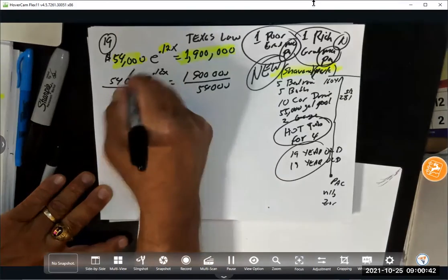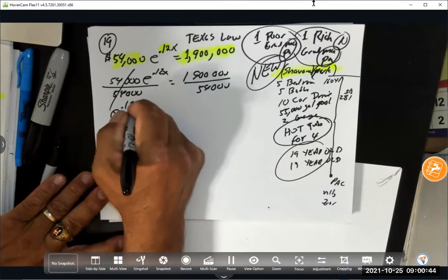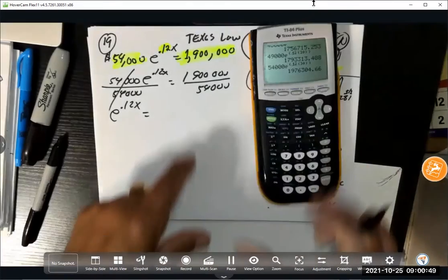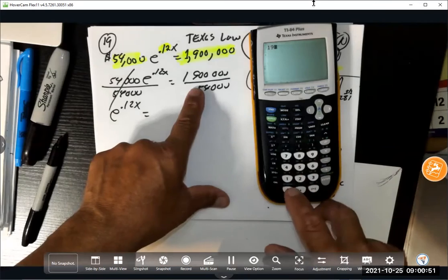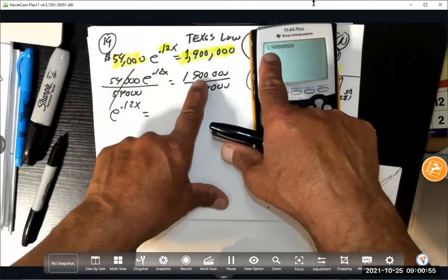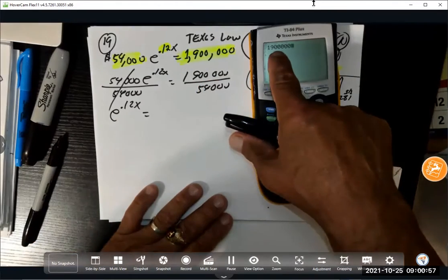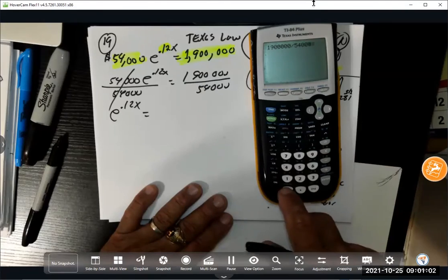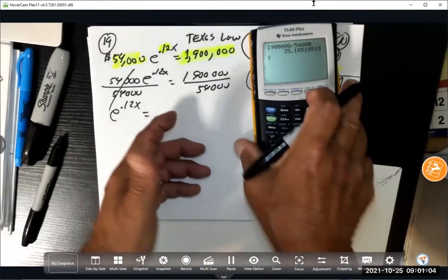So now these are gone for sure. The 0.12x equals, I'm gonna have to use my calculator because I have no idea what this is. 1,900,000, is that right? 1 and 1, 2, 3, 4, 5. Divided by 54. Okay, what'd you get?